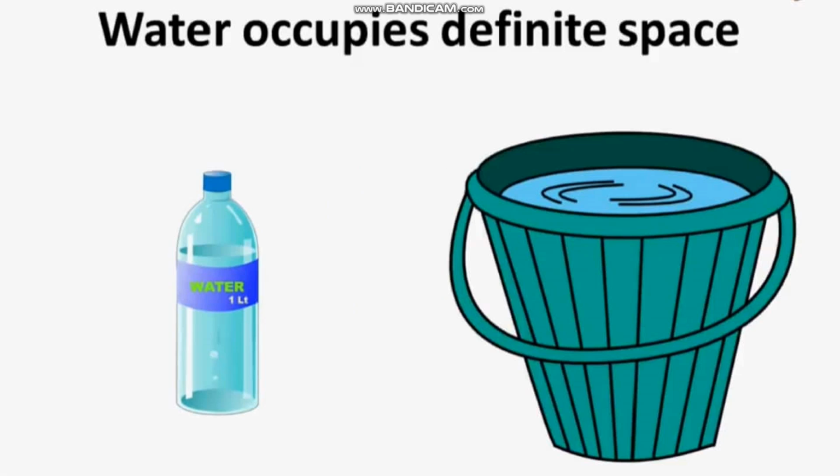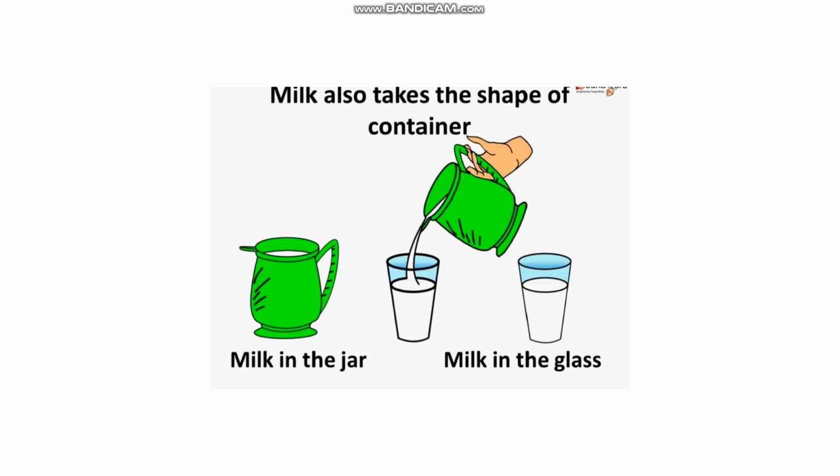Here it is in a bottle, so the water takes the shape of the bottle, and here it takes the shape of a bucket. Same in the case of milk, it also takes the shape of the container. Here the milk is in the jar, and if we pour it in the glass, the milk takes the shape of the glass. It does not have definite shape.